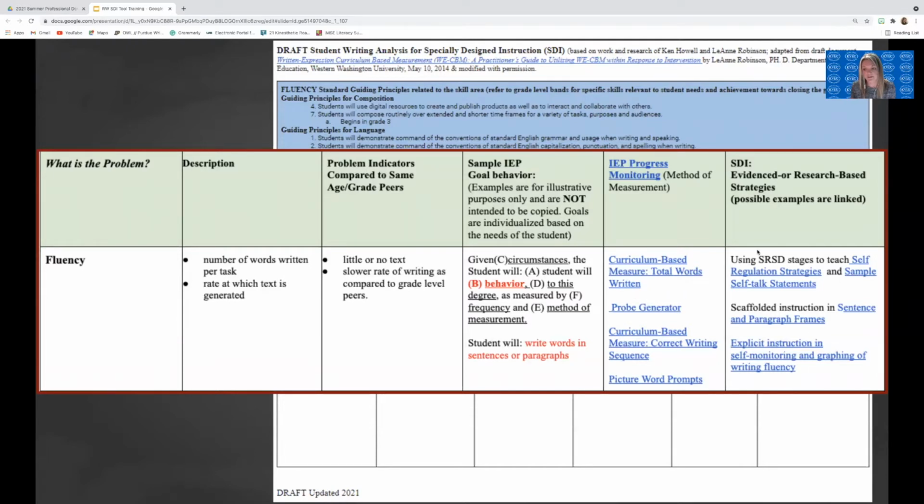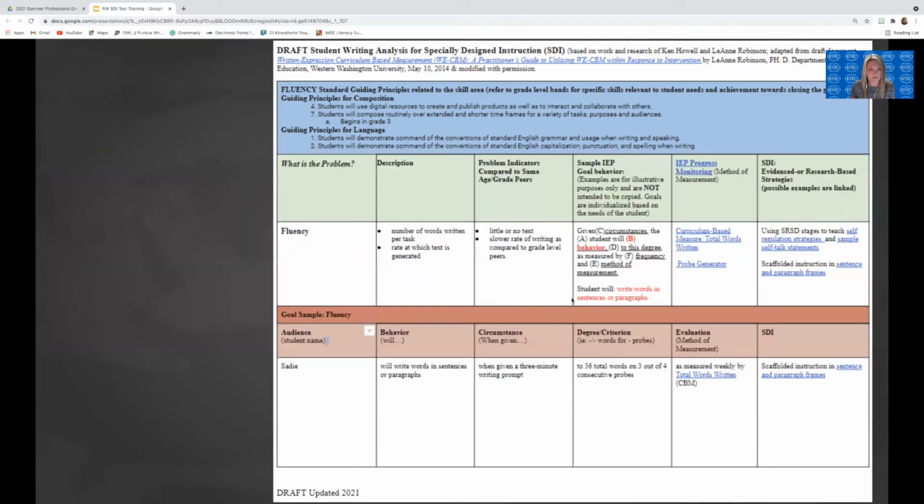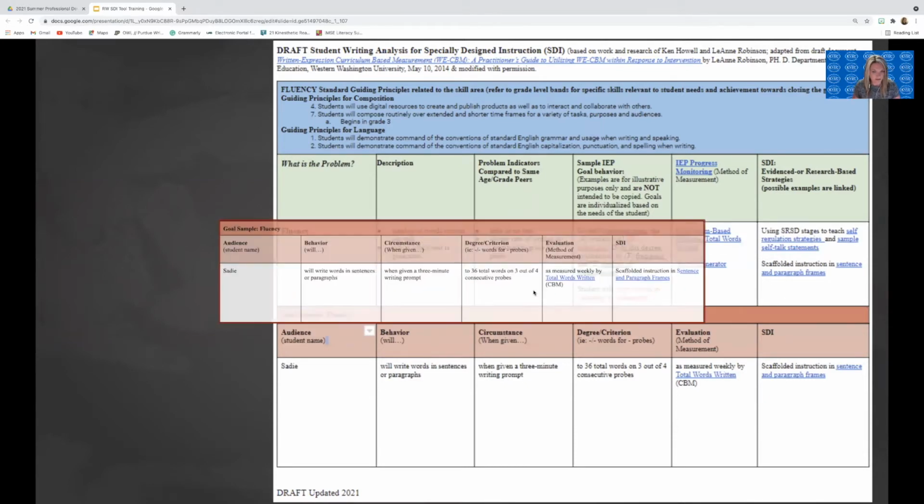So we're going to give you some strategies over here so that you can help them develop that skill. And then we're also giving you some methods of measurement that you can use to track your data and analyze it. I will open one up and show you some things as we go through that too.